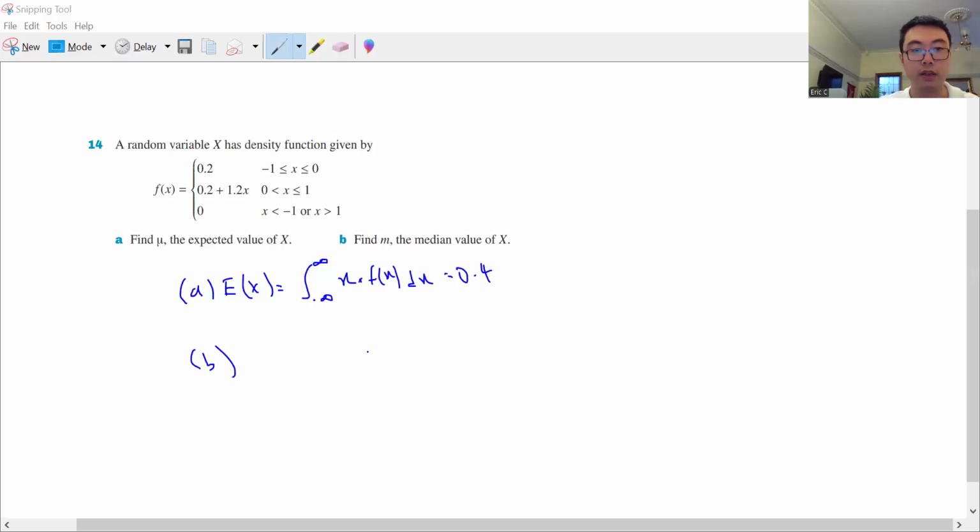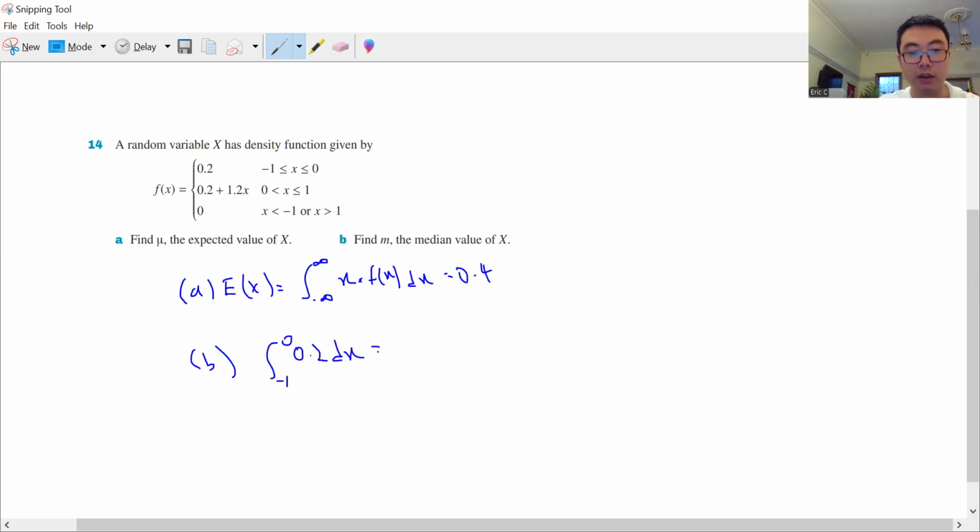Again, first of all, we want to find out exactly what the integral from -1 to 0 is for the first part, because cumulatively it should add up to 0.5 when it's the median value. Let me show you what I mean. If you look back here, part B is from -1 to 0, the integral of 0.2 dx.